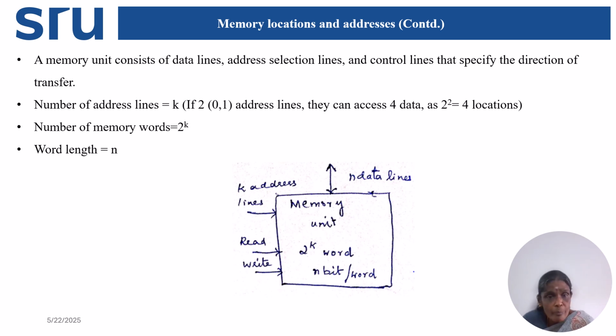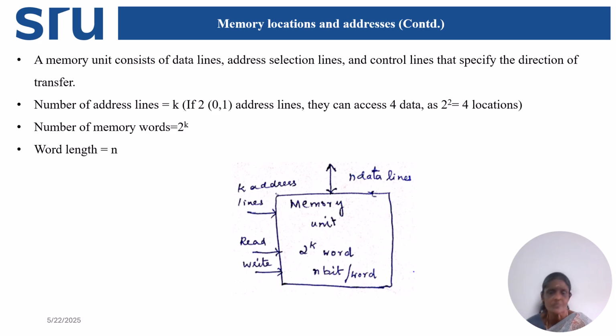And then the number of address lines equals k. If it is 2, there is a probability of 0 or 1. So two address lines can access 4 data. How is it 4 data?